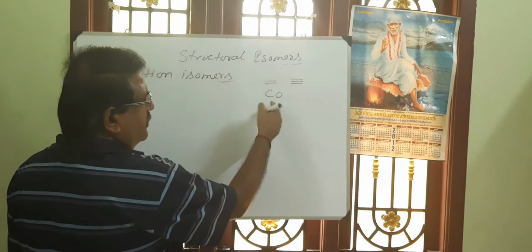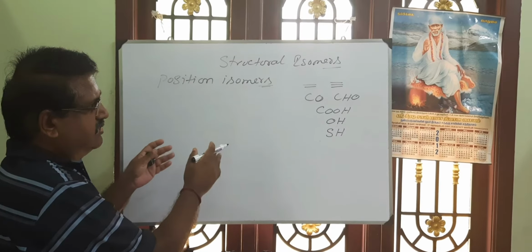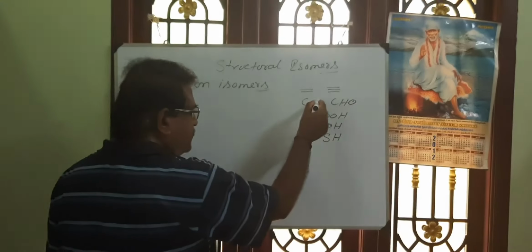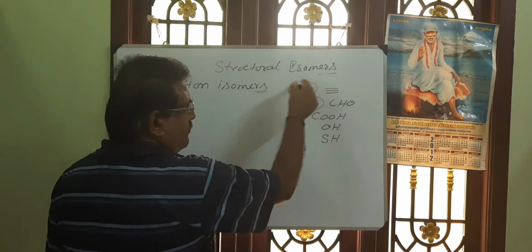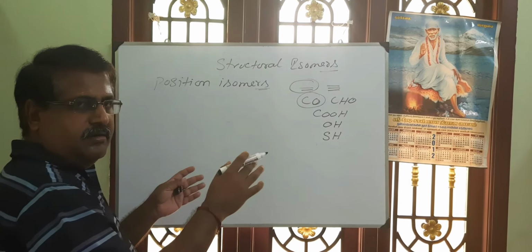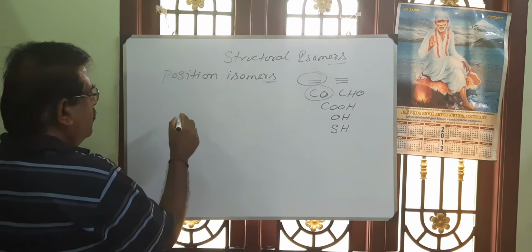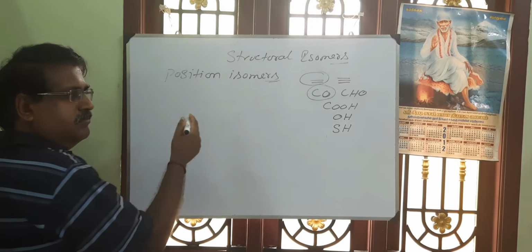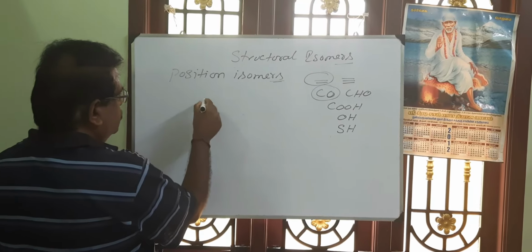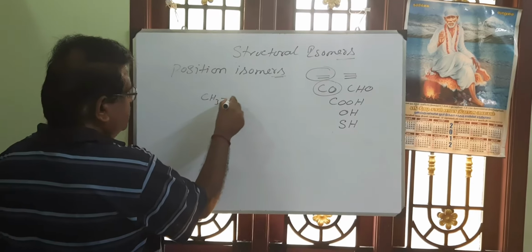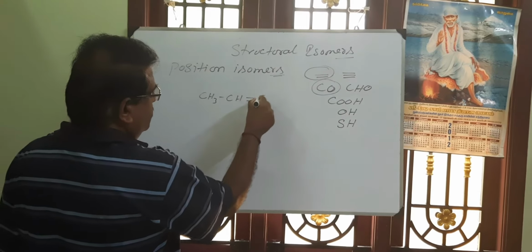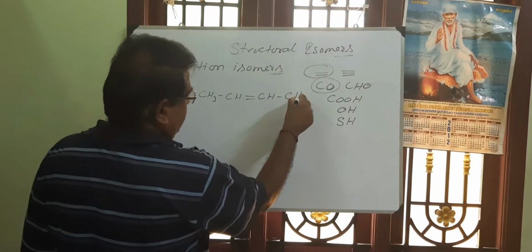So position isomers are two molecules that differ from each other in the position of a specific functional group in the structure. Let us consider 2-butene: CH3, CH, double bond, CH, CH3.